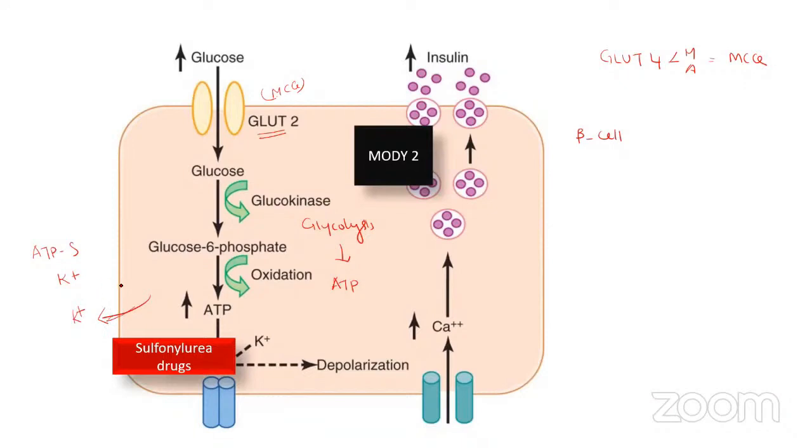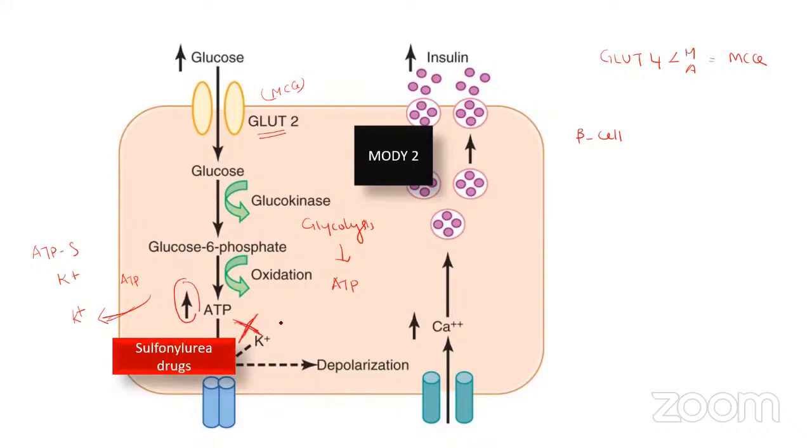This channel is very sensitive to ATP. When glycolysis increases the level of ATP inside the cell, it can block this channel.